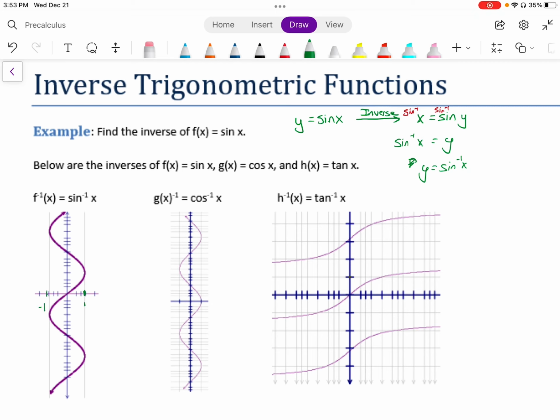And then since this is inverse sine, it starts at 0 and travels along here. So we remember that it's just a reflection over the y equals x line. And we see the inverse of cosine and the inverse of tangent. Notice they're all reflections of the original trig functions over the y equals x line.